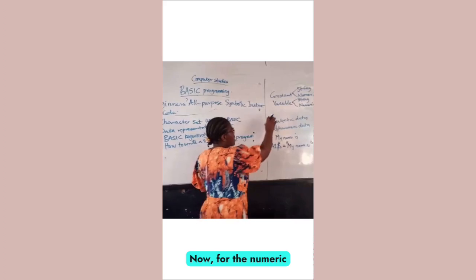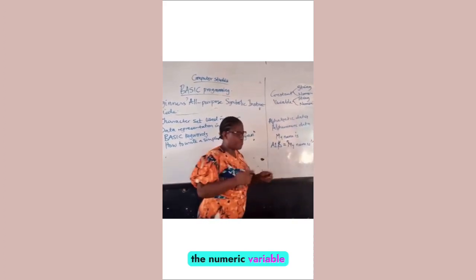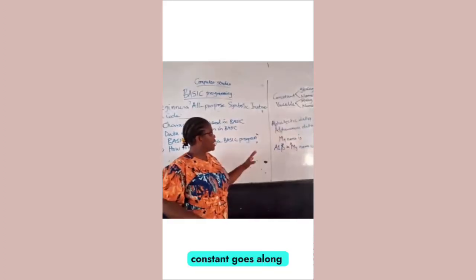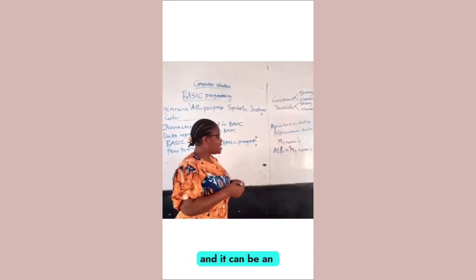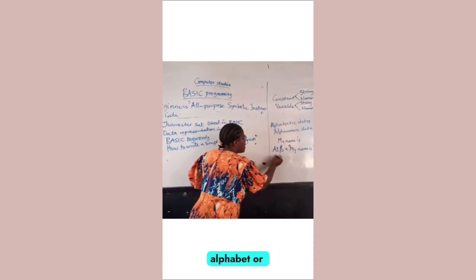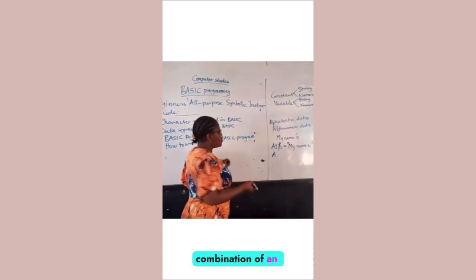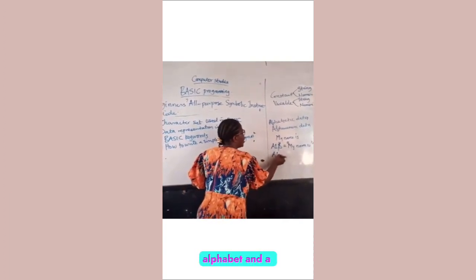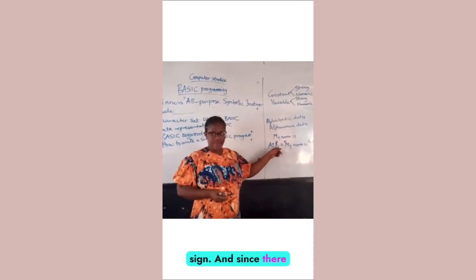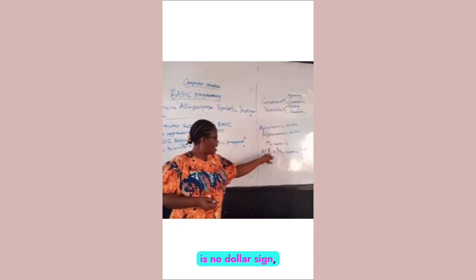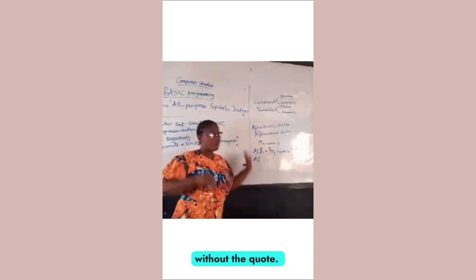Now, the numeric variable or the numeric constant goes along with numbers, digits, and it can be an alphabet or a combination of an alphabet and a number without the dollar sign. And since there is no dollar sign, without the quote.